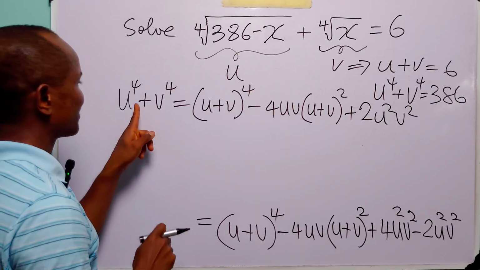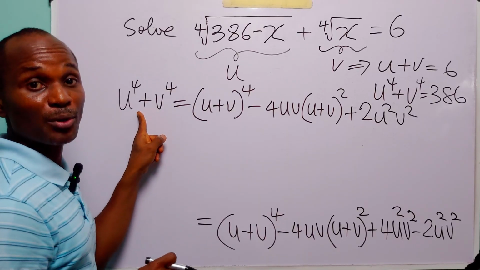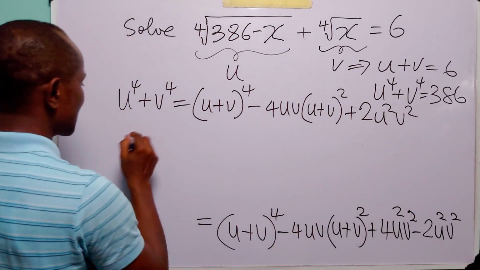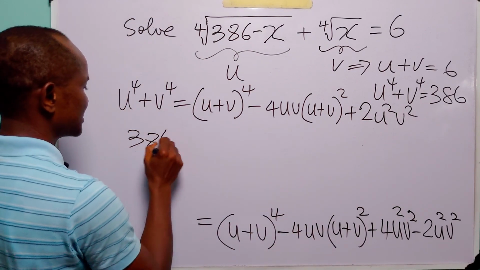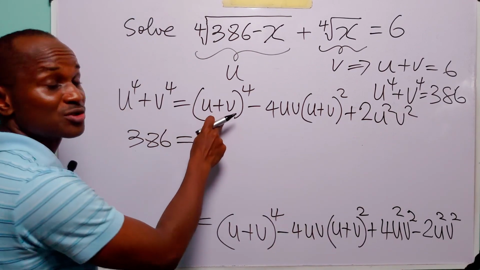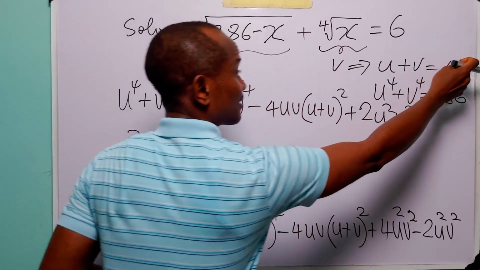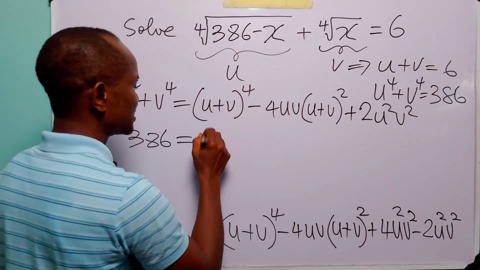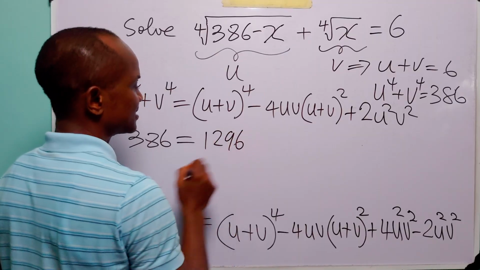But then let us remember that u to the power 4 plus v to the power 4 is equal to 386. So here we have 386. Let us also remember that u plus v is equal to 6. So here we have 6 to the power 4, which is 1296.